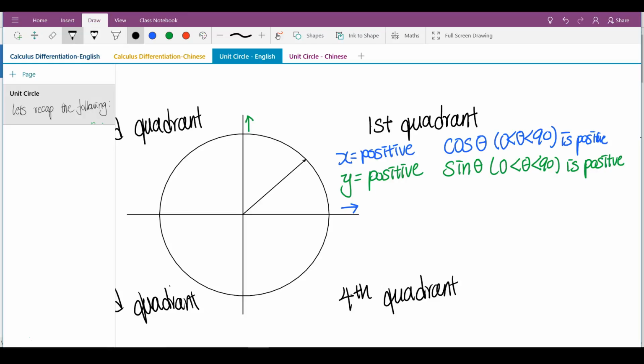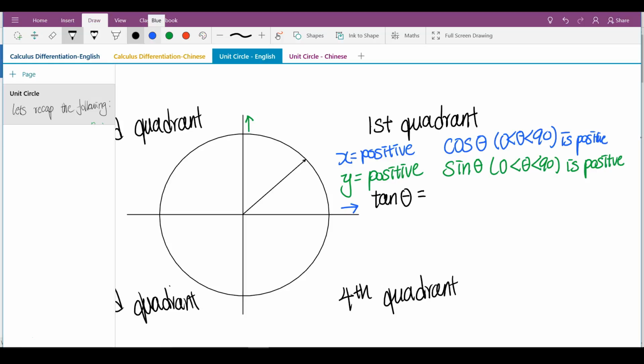All right, what we're left with is tan. Now, because tan theta is equal to sine theta over cosine theta, and sine theta is just equal to y, and cosine theta is just equal to x.